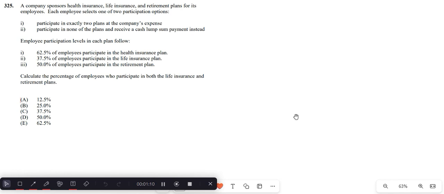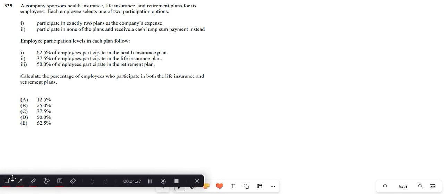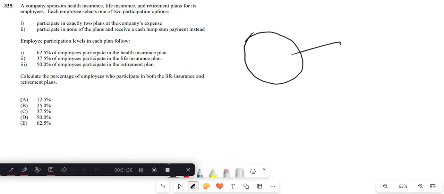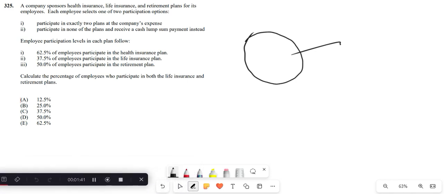Okay, so I think the best way we can go about solving this question is by first drawing a Venn diagram. So I'm going to draw my Venn diagram.